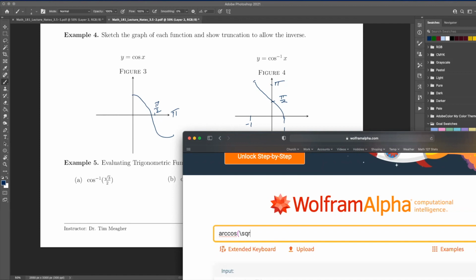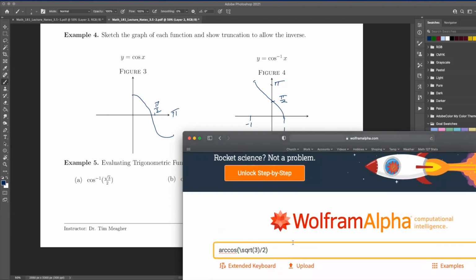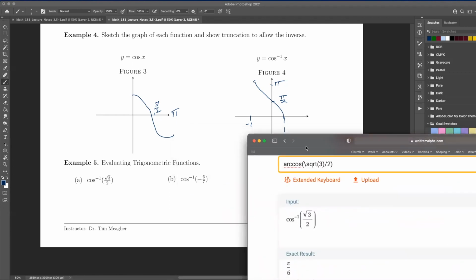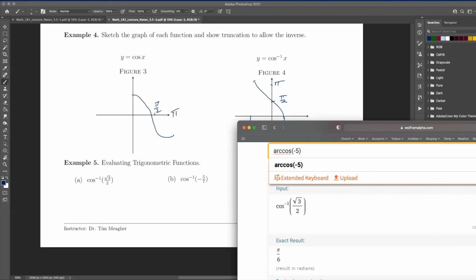So square root of 3 divided by 2. Sorry, I'm trying to answer the question, not typing what I want. And yeah, we get pi over 6. Okay, because that's answering here, minus 5 divided by 7.